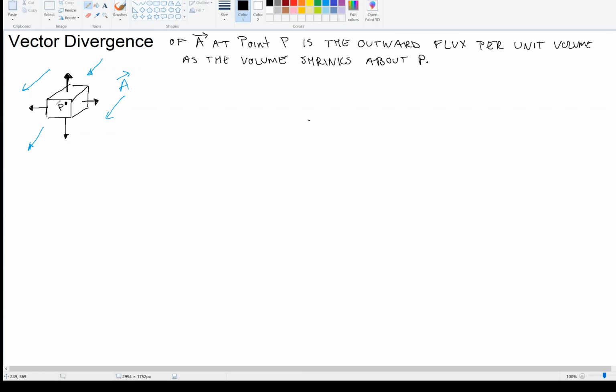It's not really related to this volume. The volume is going to shrink towards the point, so what we're measuring is the flux at a point.